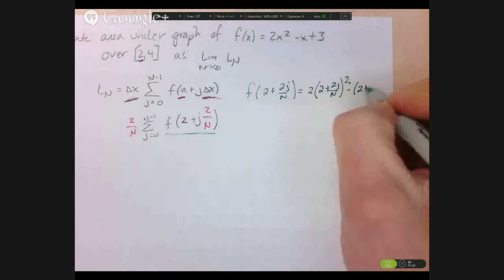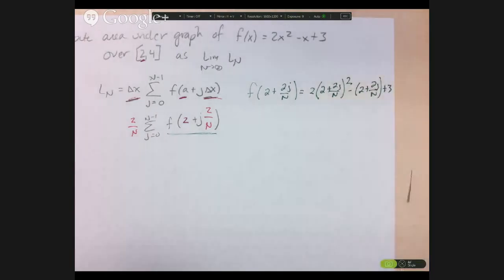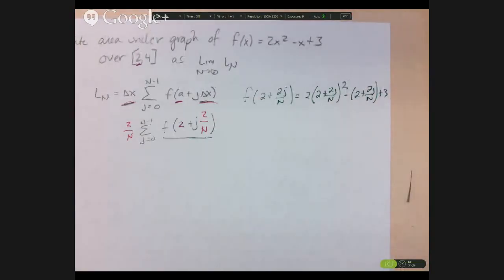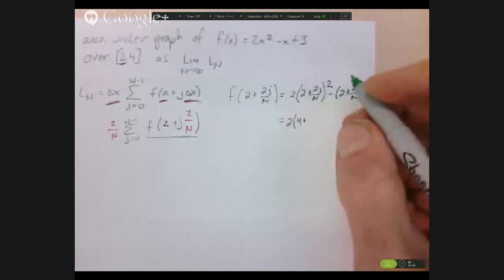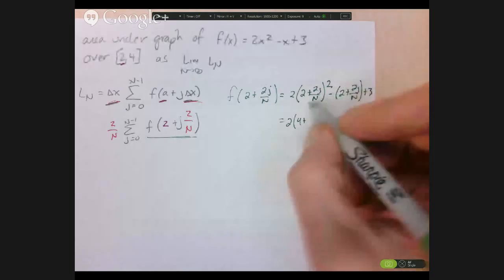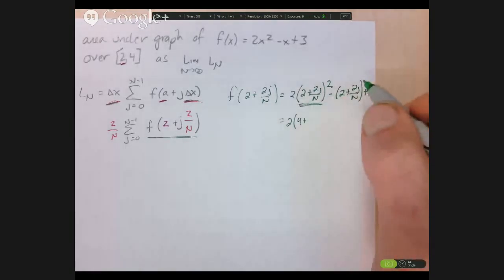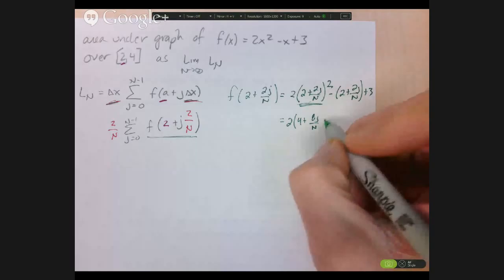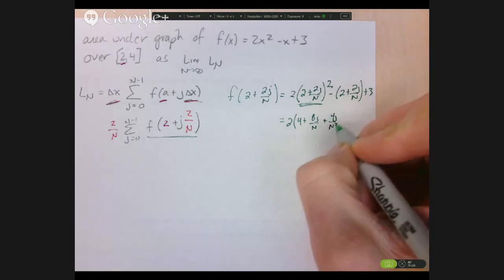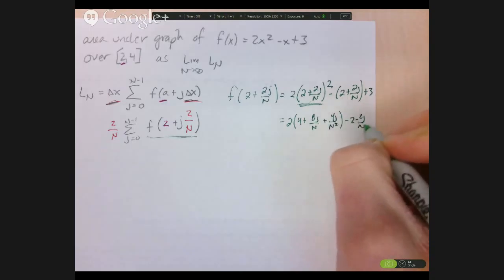Okay, so we have to put it in there, and now let's simplify it. FOIL. So would that be 8j over n? Yep.